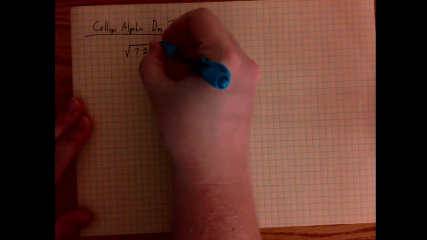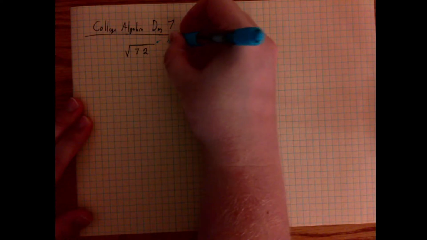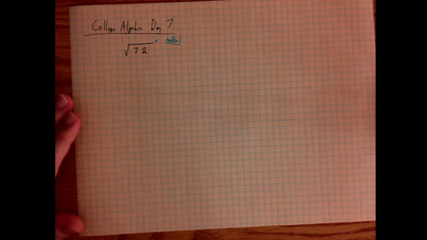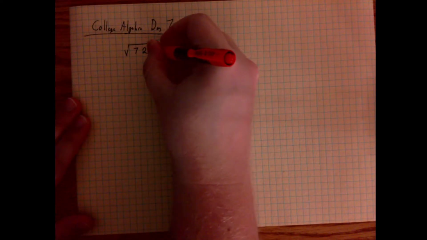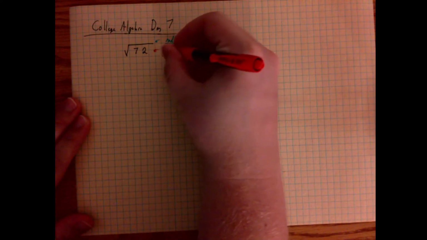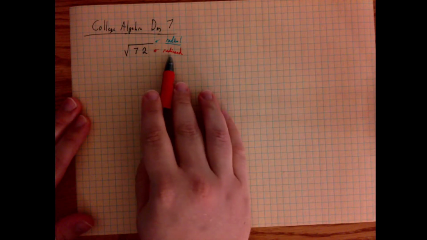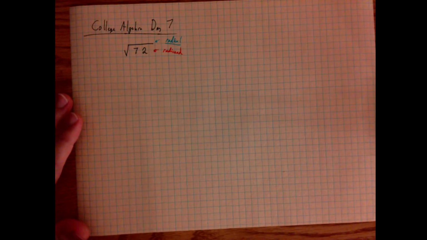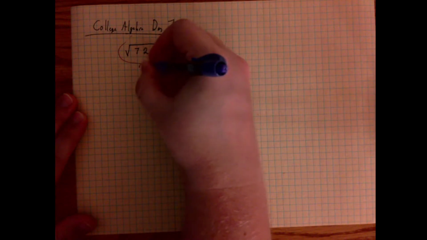So for example, this symbol is referred to as the radical. The number is referred to as the radicand.